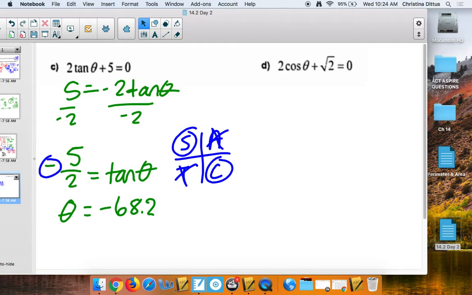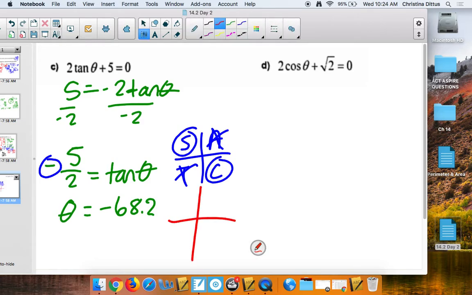So this is in quadrant 4, right? The -68. But I want to make it a positive number. So what do I have to do to this -68? That's like -68.2, right? But I don't want this angle, I want this angle.